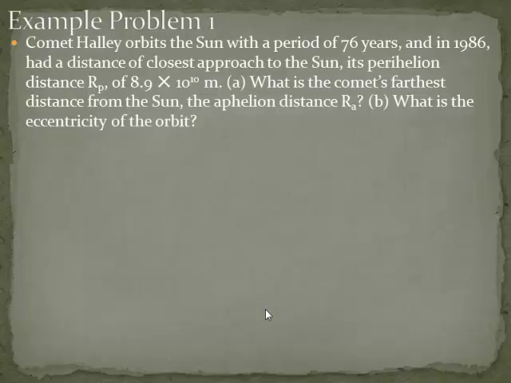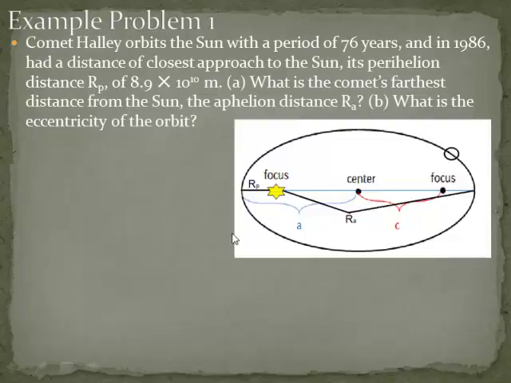First, let's visualize this. So we have the sun at the focus here. This distance is the perihelion, and then this whole distance is the aphelion.